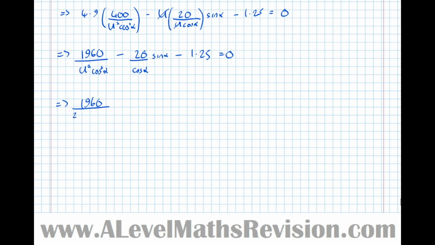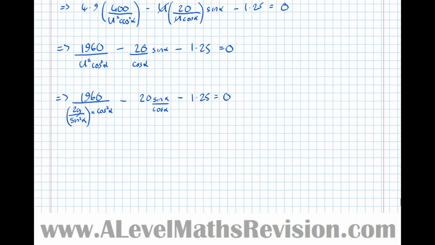So that's 2g over sine squared alpha, that's u squared, times cos squared alpha minus 20 sine alpha over cos alpha. Probably going to have to turn that into tan in a little while, but we'll make a judgment in a second. Minus 1.25 equals 0.